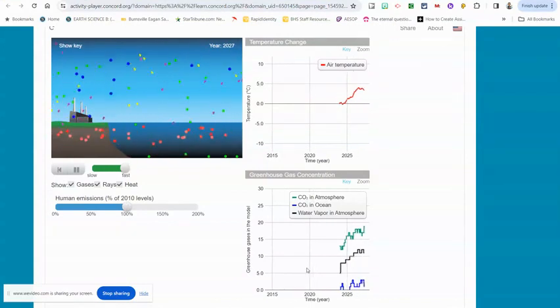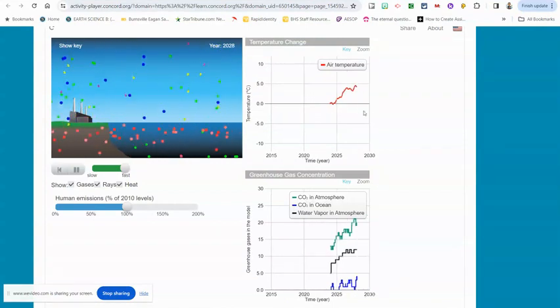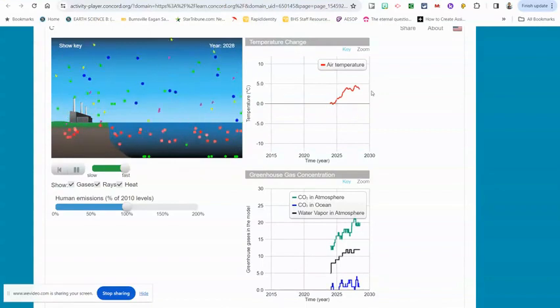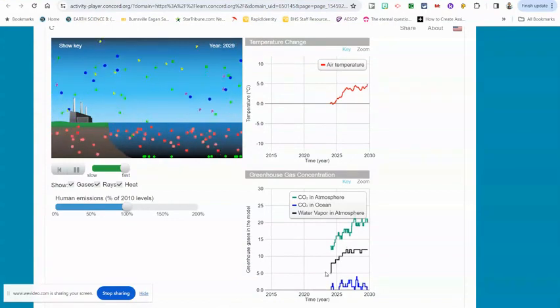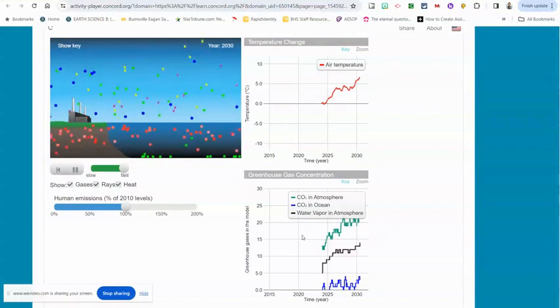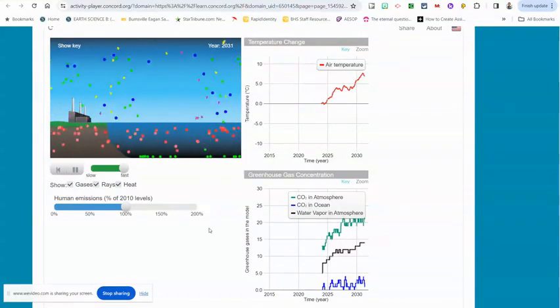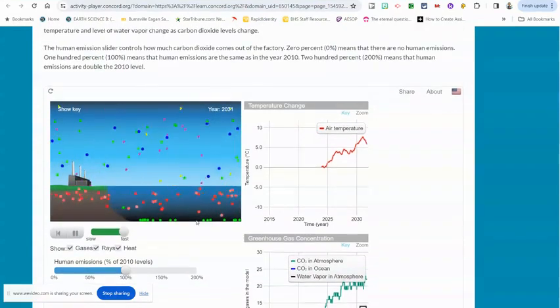And you can see that we have a warming atmosphere. It's predicting all the way into 2025, 2030, and so on. Down in the bottom graph, you can see the amount of carbon dioxide increasing. You can see the amount of water vapor increasing, as well as the amount of carbon dioxide in the ocean and water vapor.